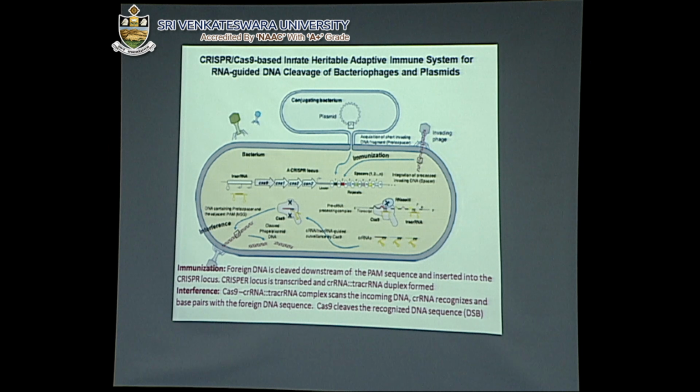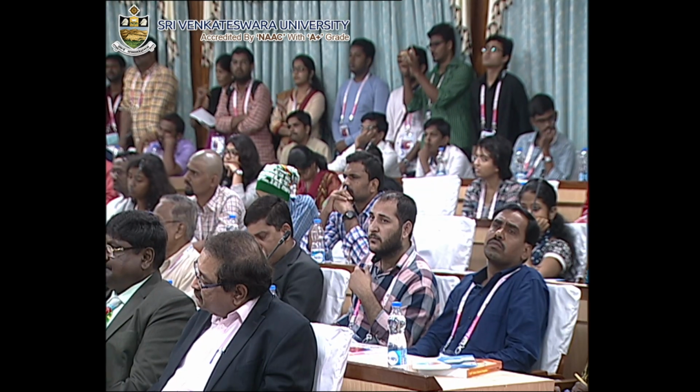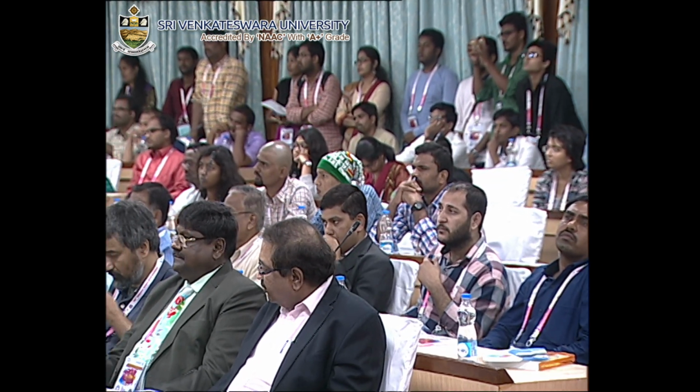The next important programmable nucleases are clustered regularly interspaced short palindromic repeats, CRISPR, and the associated protein, which is called Cas9. This is a very interesting, innate, heritable, adaptive immune system for achieving RNA-guided DNA cleavage of bacteriophages and plasmids. This system, which I have mentioned as the CRISPR locus, has 3 components.